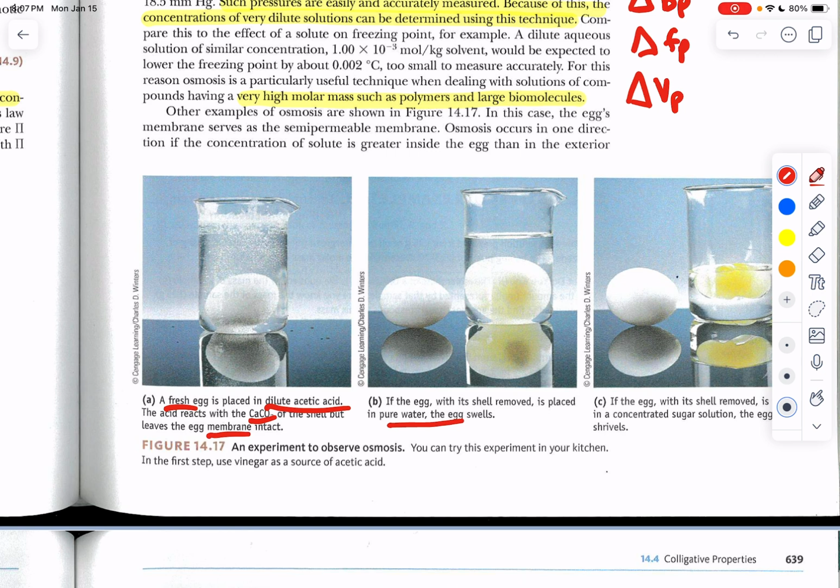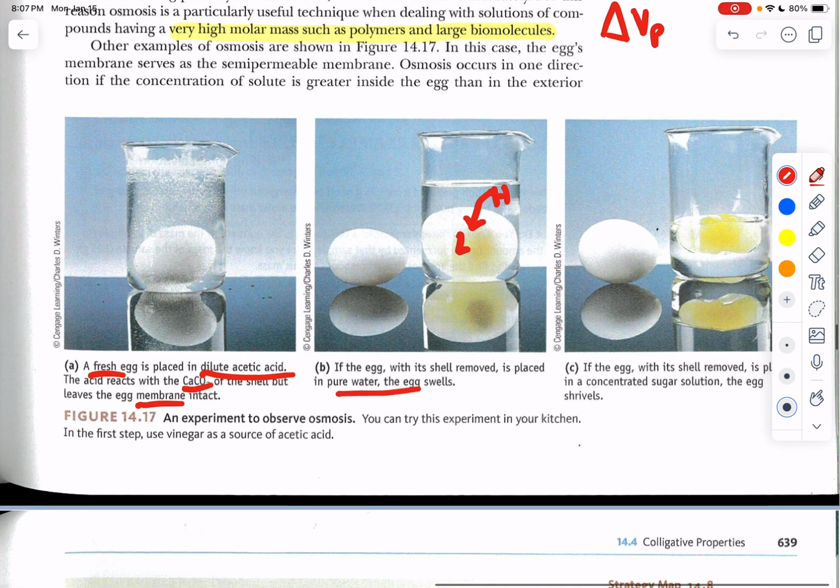The concentration of water inside the egg is low. The concentration of water outside the egg is great, so water will diffuse into the egg and the egg gets bigger.